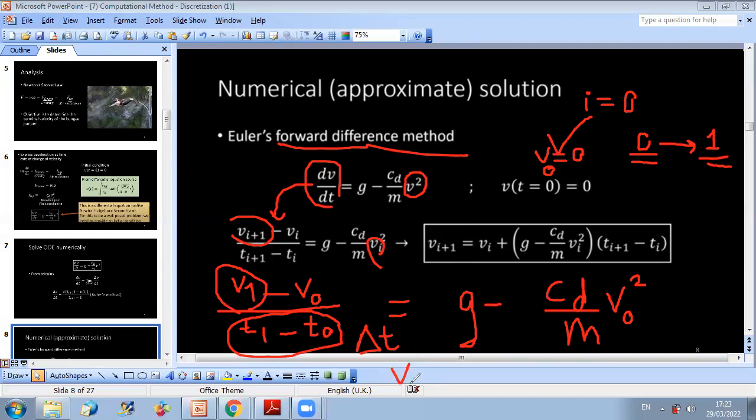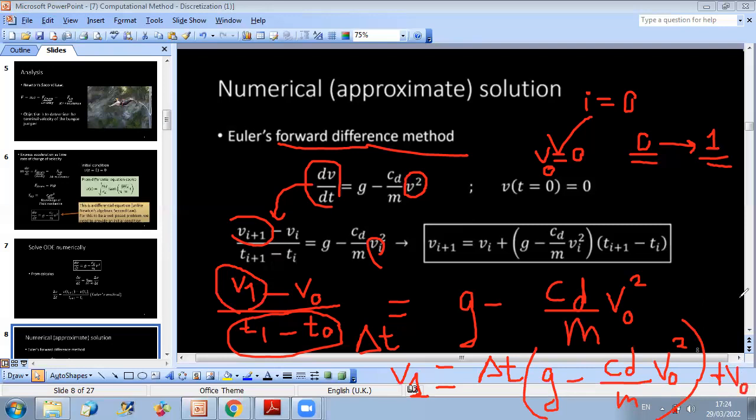All you have to do is multiply by delta T. So V at point 1 is equal to delta T times G minus CD over M times V0 squared, and you take V0 to the other side, so plus V0.